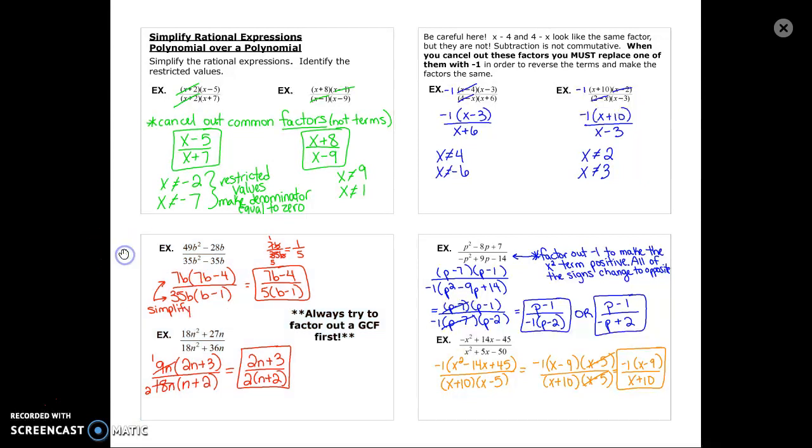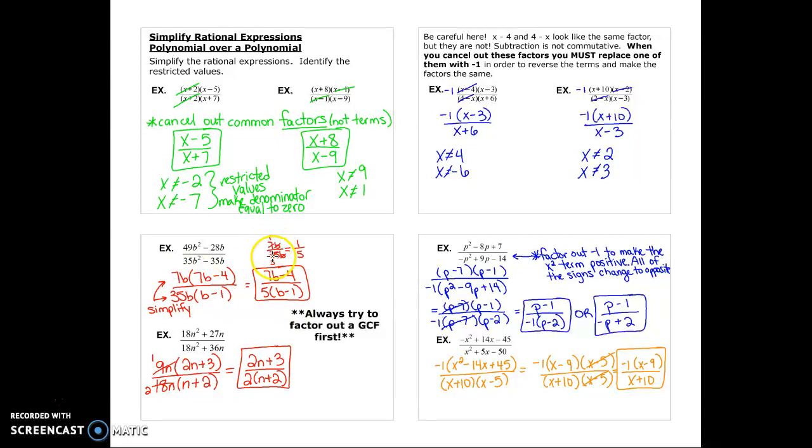So I can reduce, my factors are not exactly the same, 7b minus 4 and b minus 1. Those are not exactly the same, so those do not cancel. However, I can reduce these monomials out front. So this is just like the previous section, just like concept number 1. 7 and 35 reduce, so you're just left with a 5 in the denominator from that, and your b's completely cancel out.